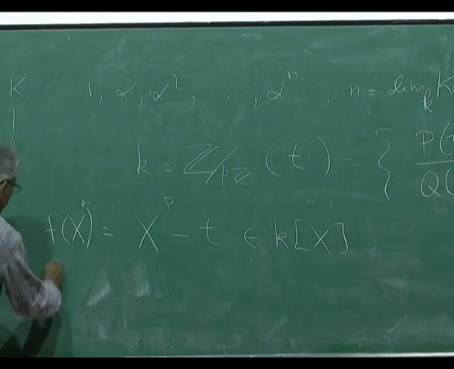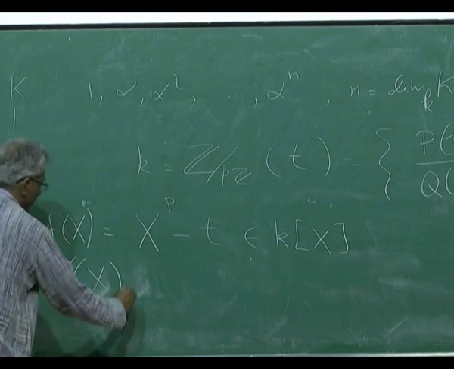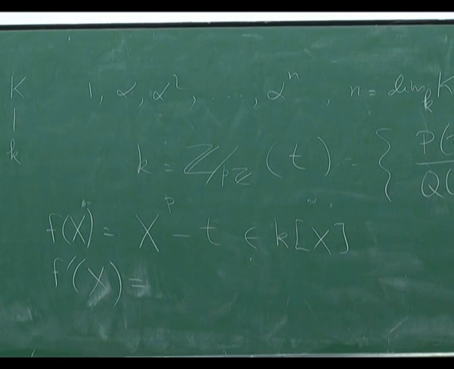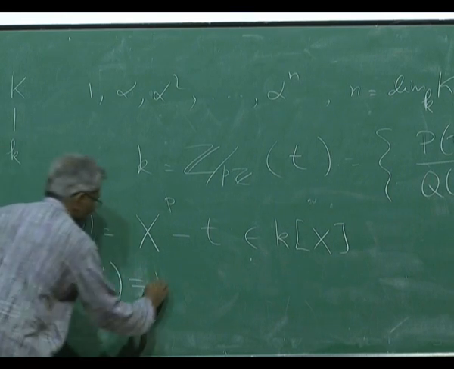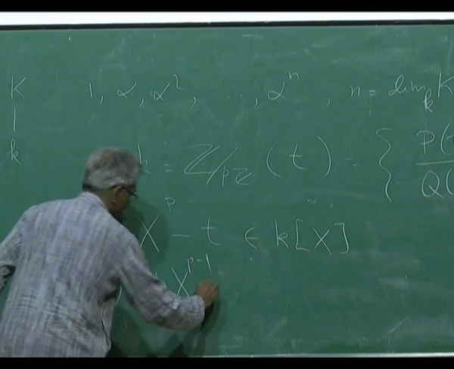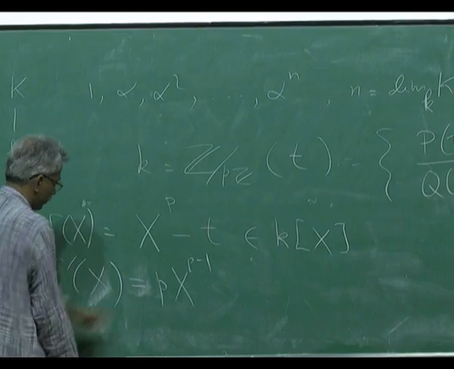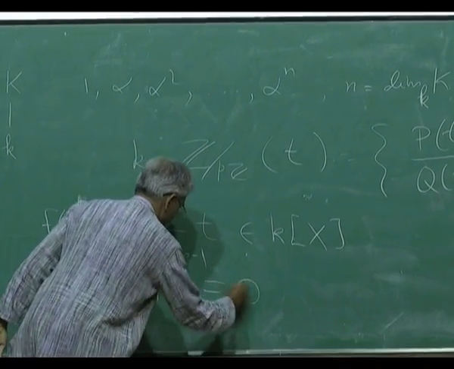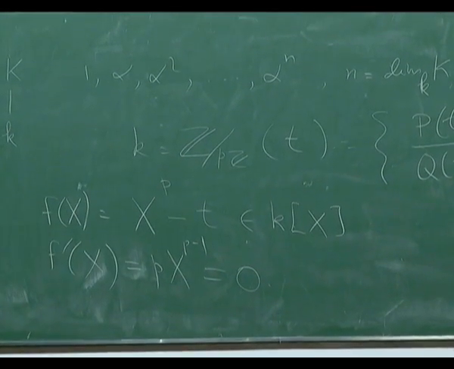Alright. Now look at f'(x). What is f'(x)? You just compute the derivative the usual way, except anytime you see some multiple of p, that is to be set equal to 0. So this is p x^(p-1), that is it. But p times anything is 0 because you are in characteristic p.